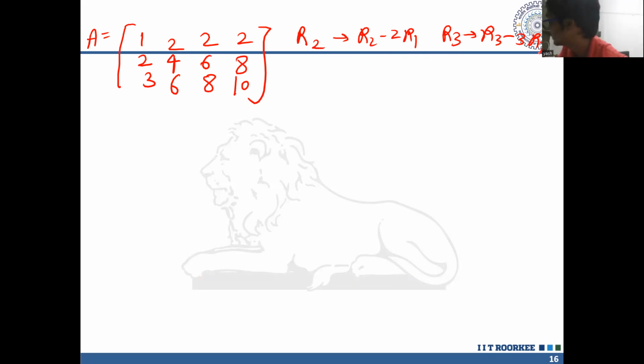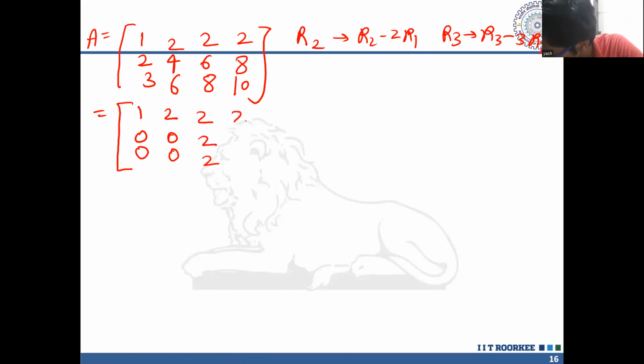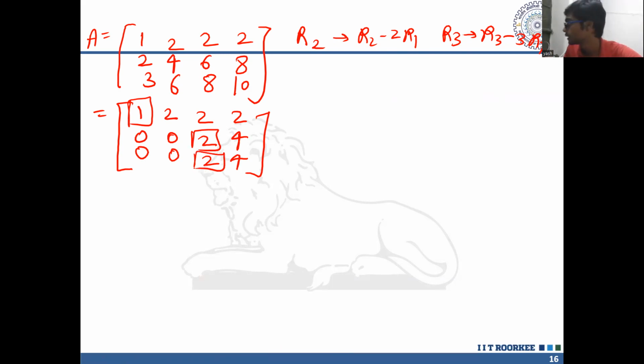On performing these operations, we will get our matrix as 1, 0, 0, 2, 0, 0, 2, 2, 2, and 2, 4, 4. Here this is our first pivot, and this is our second pivot.